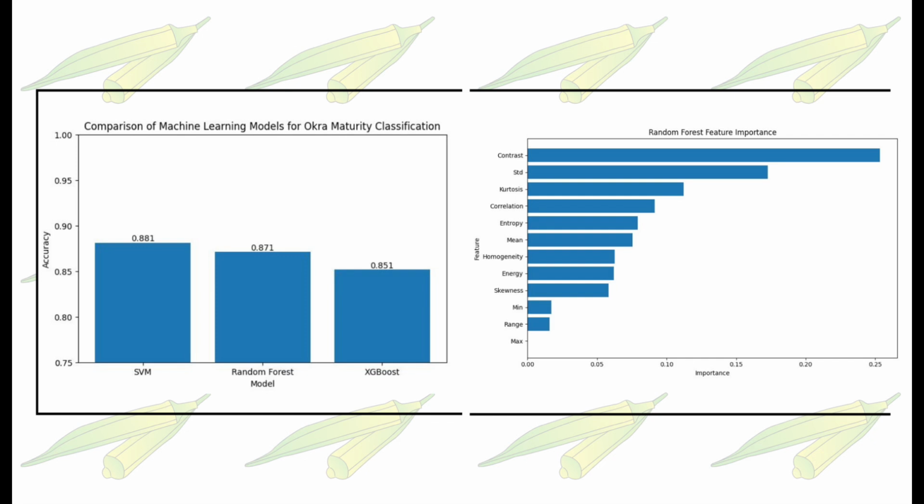As you can see, the number one most important feature by far is contrast, which is a GLCM texture feature. The second most important feature is standard deviation, which is a statistical feature that also measures how spread out the temperatures are. So this chart proves that our system isn't just making random guesses, it is making smart decisions based on physical and thermal texture changes that happen inside the crop.